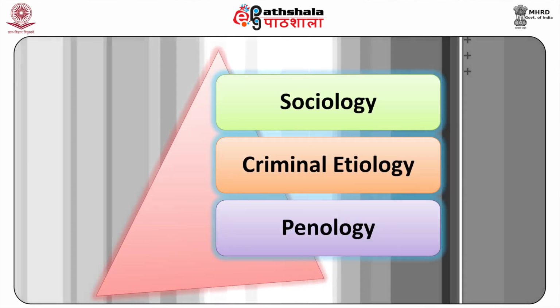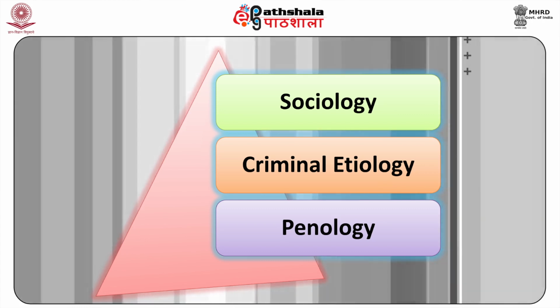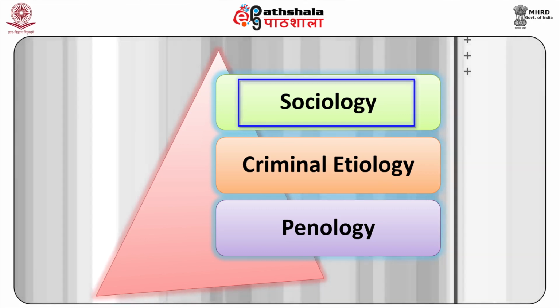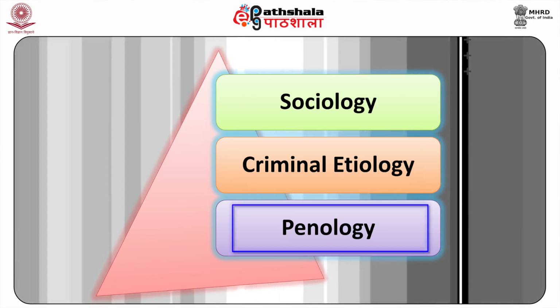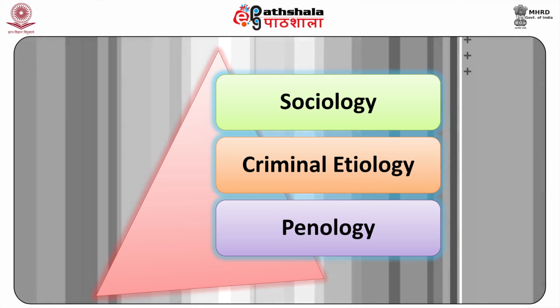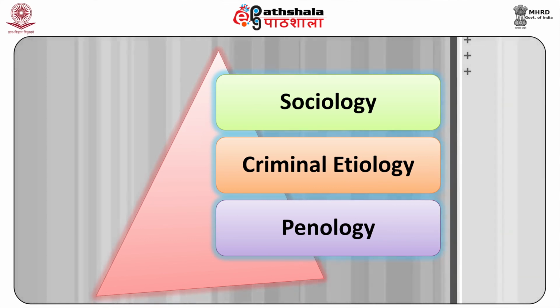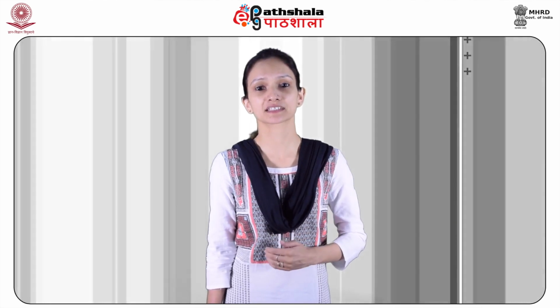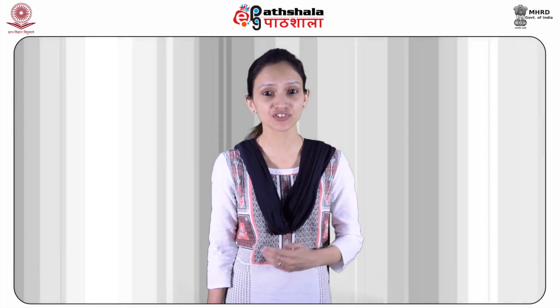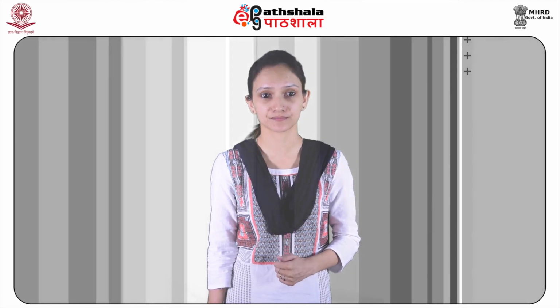For them, criminology comprises three principal branches: sociology of crime, criminal etiology, and penology. The picture shows the three principal divisions of criminology. Sociology of crime is an attempt to systematically analyze the conditions under which criminal law develops and also an explanation of variations in the policies and procedures used in the administration of justice.